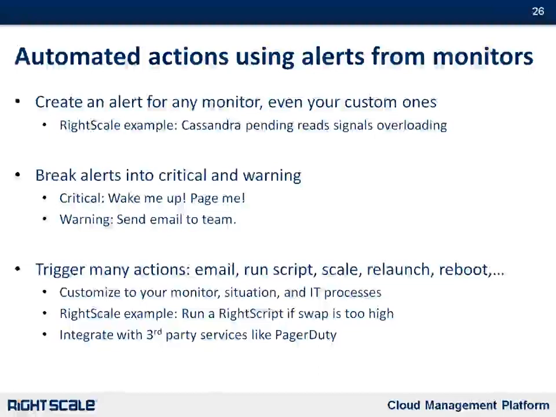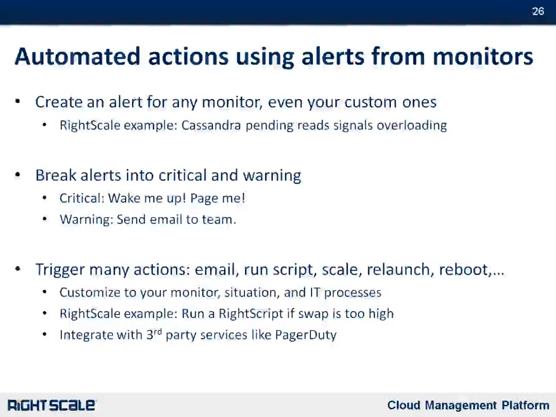Now, your alerts can trigger actions, what we call escalations, and these actions can be either sending an email to a system administrator to respond to the anomaly, or maybe running a RightScript that will fix the problem. Maybe the RightScript is going to reconfigure some parameters on the application so that the bad behavior is removed.